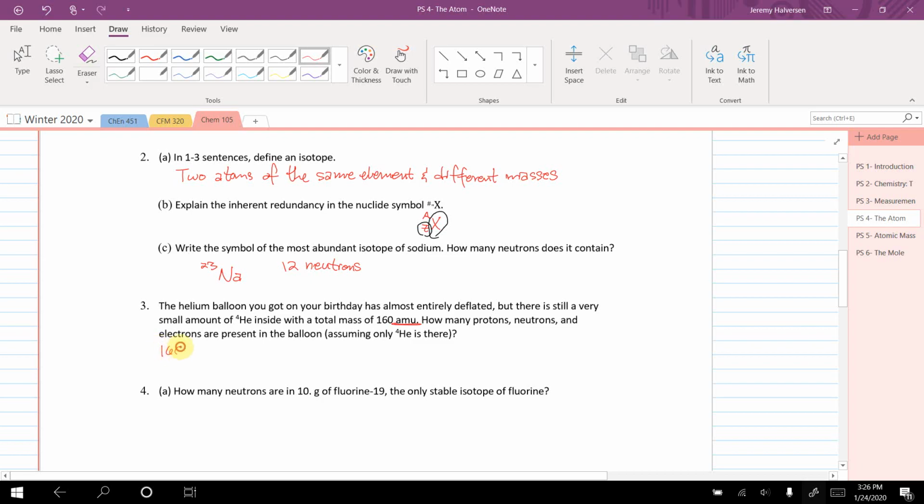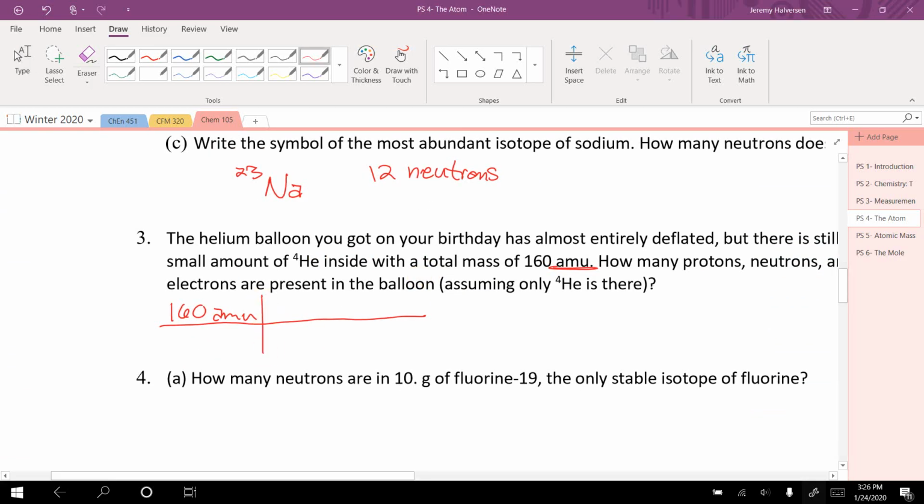A different way to write that: I know that one proton is 1 amu and that there's 2 protons in one helium-4 atom, which means I know that we have 80 helium-4 atoms.